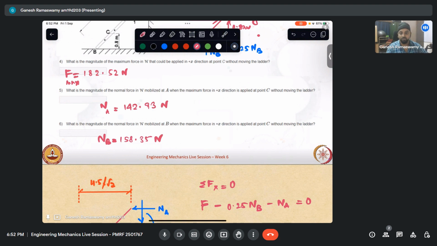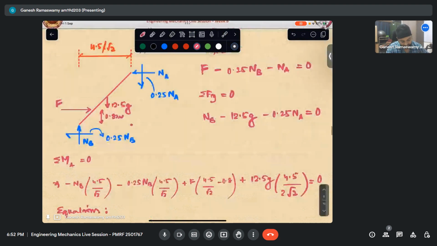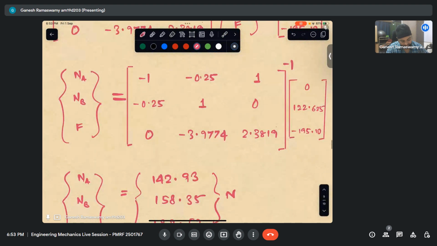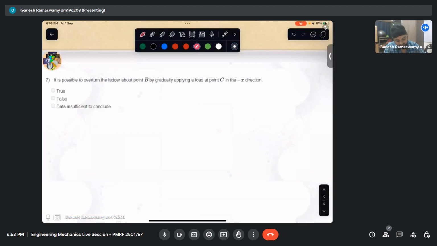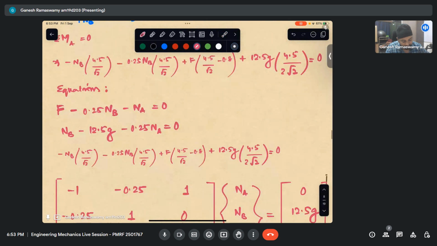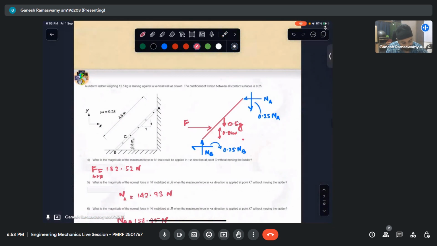Okay, now let us look at the next question. It is asking, is it possible to overturn the ladder about point B by gradually applying a load at C in the negative x direction? Is it true, false, or is it insufficient to conclude? So let me take my free body diagram from here and then just make the changes there.